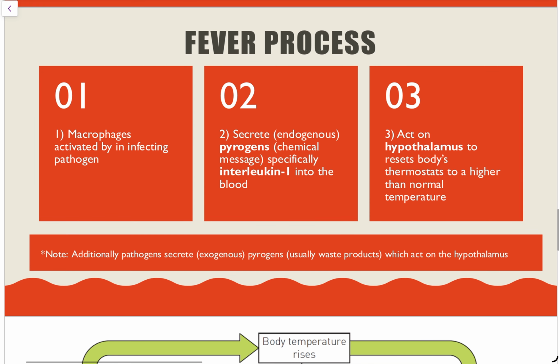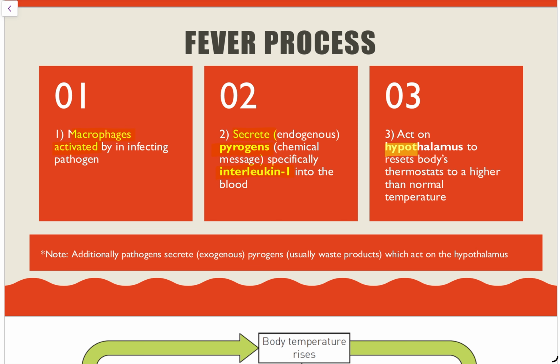So what's the fever process? Well, number one, macrophages are activated, okay? Number two, they secrete pyrogens, okay, which are a form of chemical messenger, and effectively these pyrogens, such as interleukin-1, are released into the blood, okay?